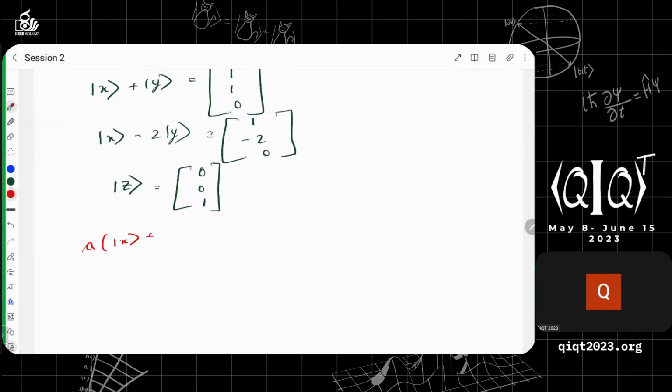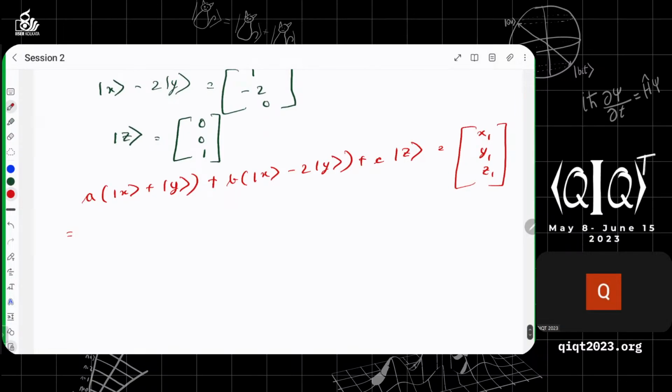So a times x plus y. So basically, as I said, linear combination is just taking the vectors, multiplying them by some numbers, and then just adding them. So it would be something like this. And we want this to be our x1, y1, z1.